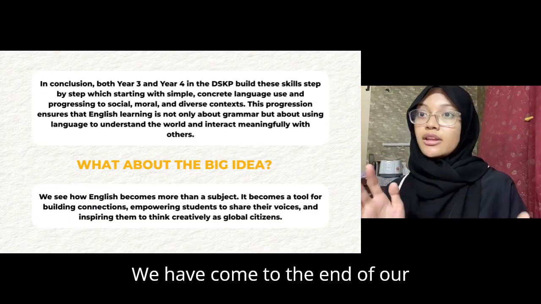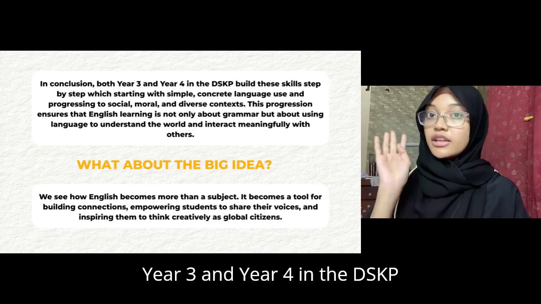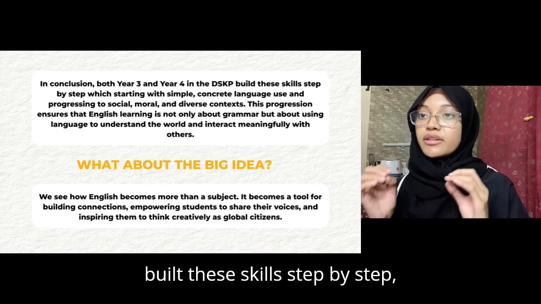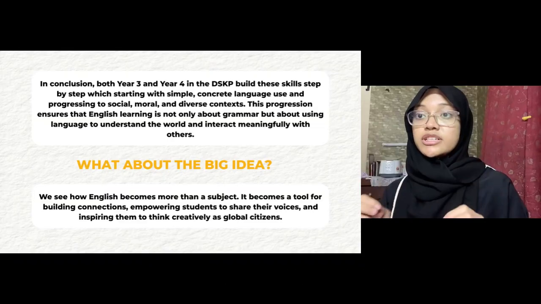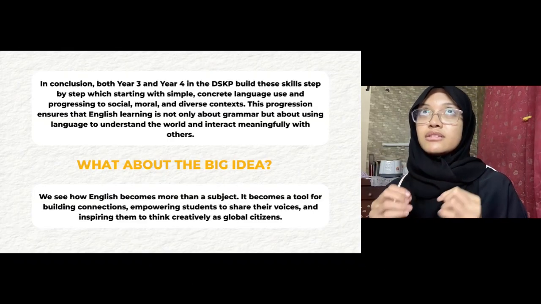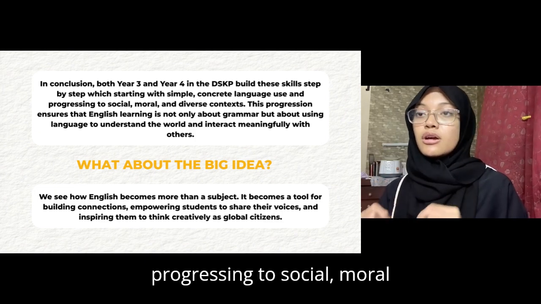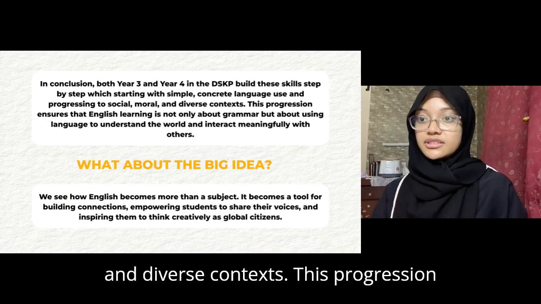We have come to the end of our presentation today. In conclusion, both Year 3 and Year 4 in the DSKP build these skills step by step, starting with simple concrete language use and progressing to social, moral, and diverse contexts.